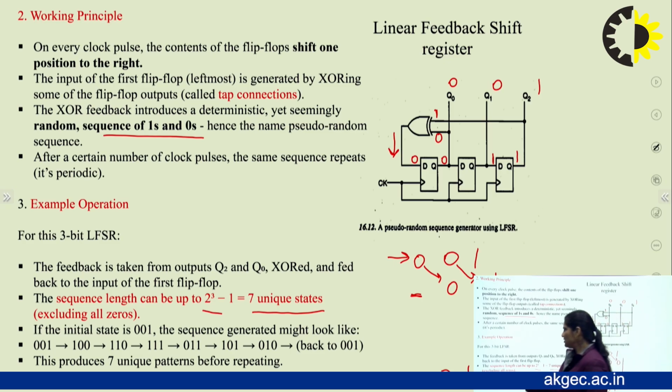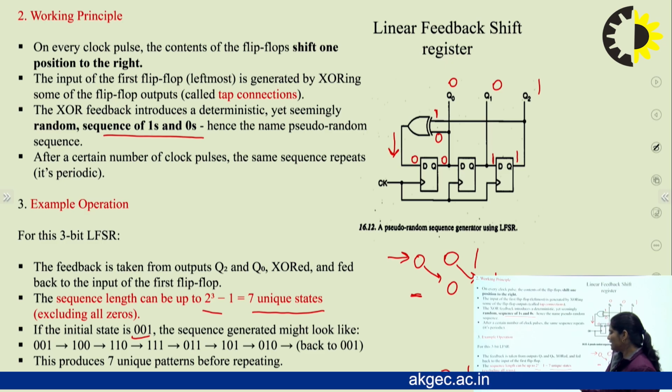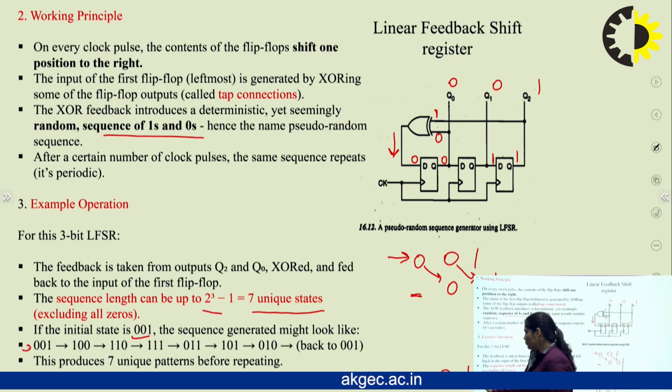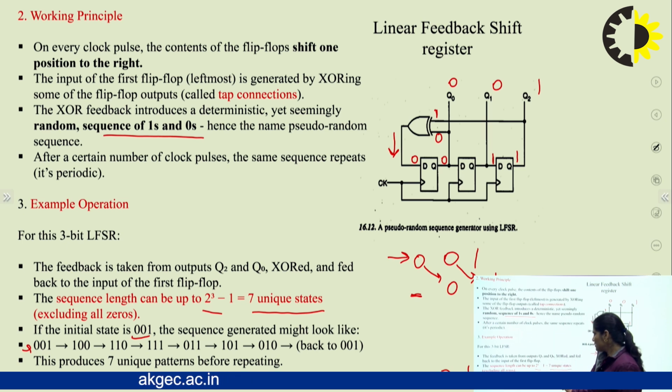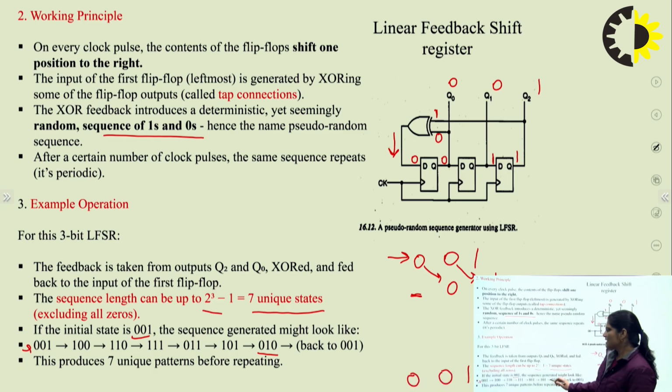If initially we take 0, 0, 1, the sequence generated looks like this: the next state is 1, 0, 0, the next state is 1, 1, 0, and so on up to the last one, 0, 1, 0, because after that it will repeat 0, 0, 1. So this produces 7 unique patterns before repeating. This is all about the 3-bit linear feedback shift register.